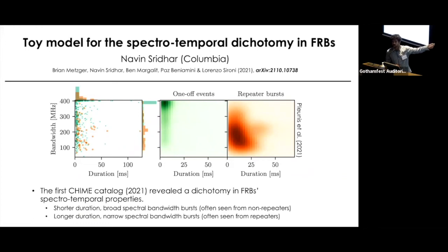Interestingly, the one-off events are narrower in width compared to the repeaters, and they are typically broadband compared to the repeaters. So the repeaters are wide in duration and narrow in their spectral widths, compared to the one-offs. And we do not really know why that is, because repeaters and non-repeaters are expected to be coming from the same dispersion measures and similar distances.